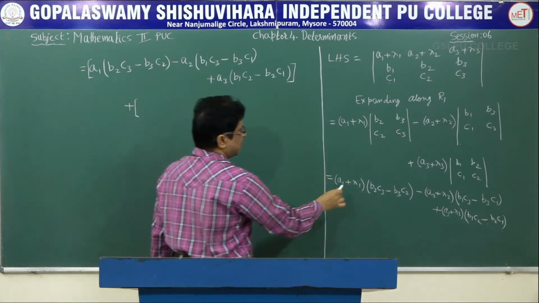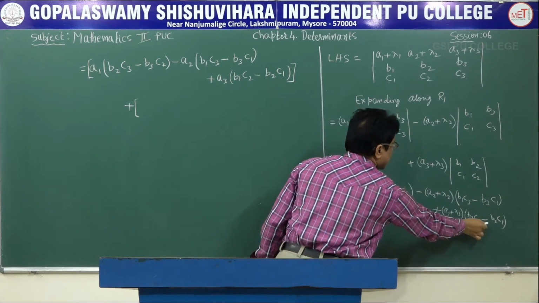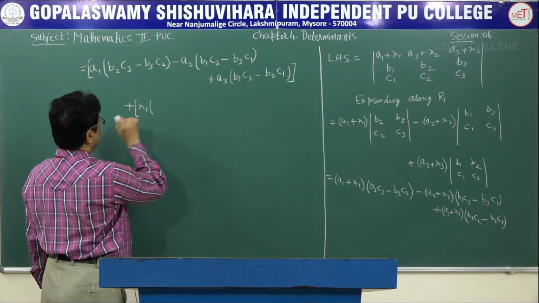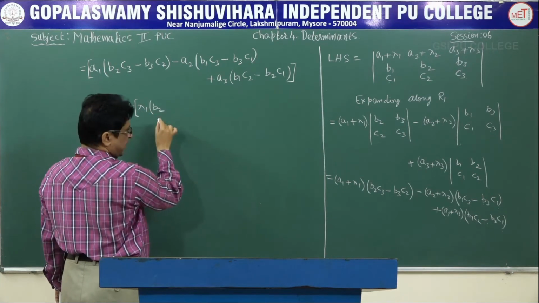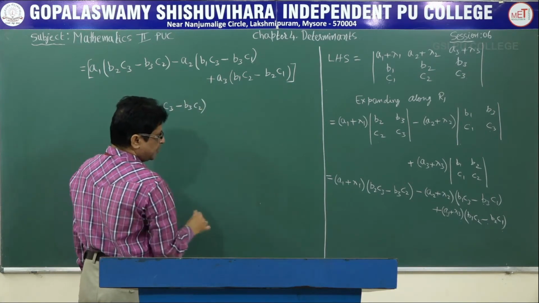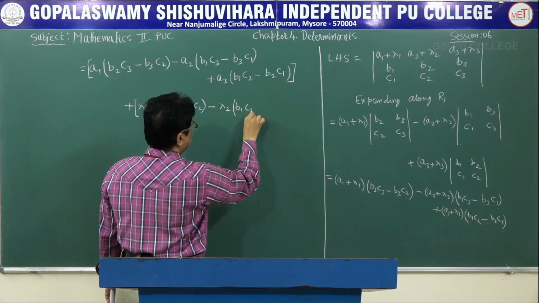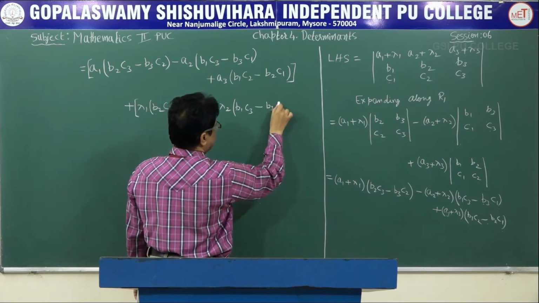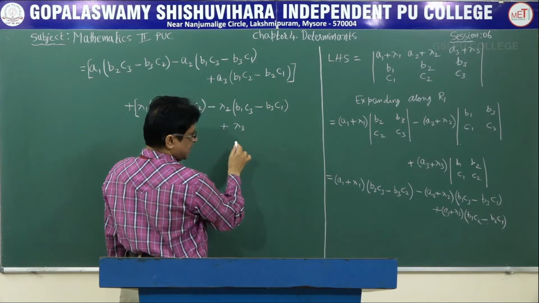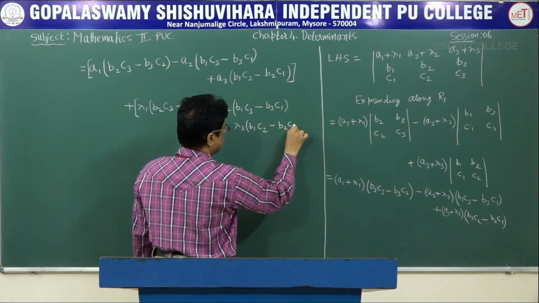Plus next I will multiply lambda 1 to this factor, minus lambda 2 to the second factor, plus lambda 3 to the third factor, that is plus lambda 1 into b2 c3 minus b3 c2, minus lambda 2 into b1 c3 minus b3 c1, plus lambda 3 into b1 c2 minus b2 c1.